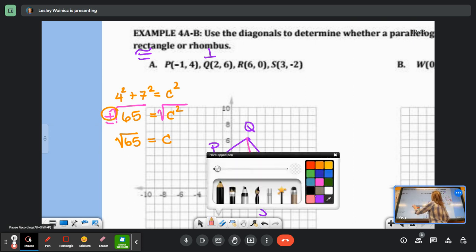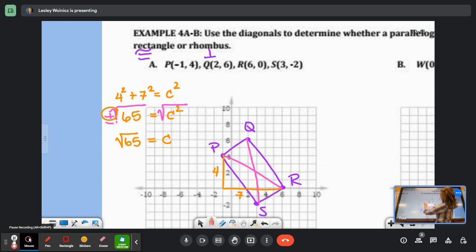All right, so where's my picture at? Why don't you just do the P to R, right? It's like this right here. 1 and then 1, 2, 3, 4, 5, 6, 7, 8. 1 squared plus 8 squared equals c squared. 1 squared is 1. 8 squared is 64.